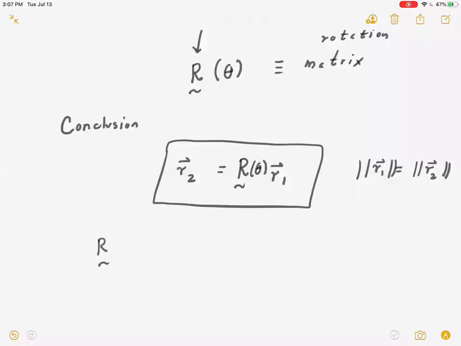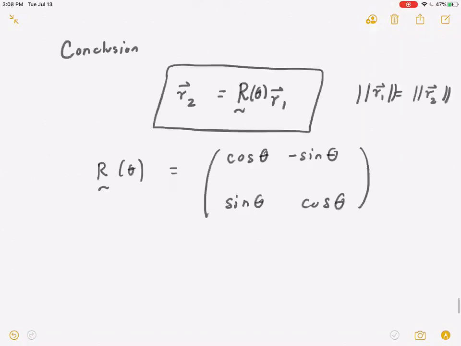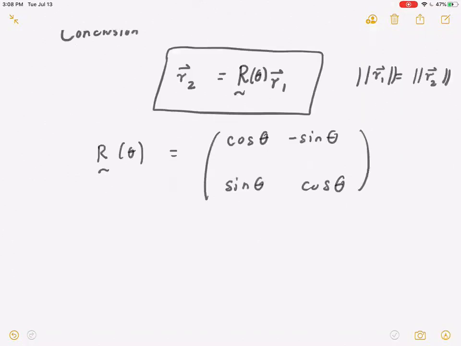And in fact, this rotation matrix, at least for this example in 2 dimensions, has a dependence upon theta that looks like this. So let's write again in words what this is. R is a rotation matrix where the R stands for rotation.